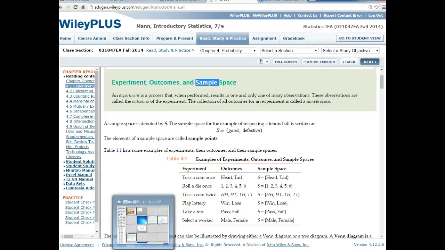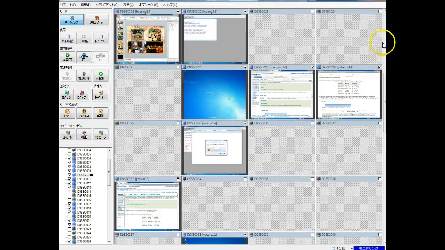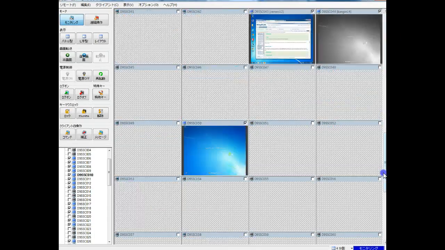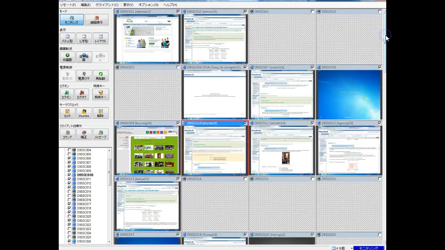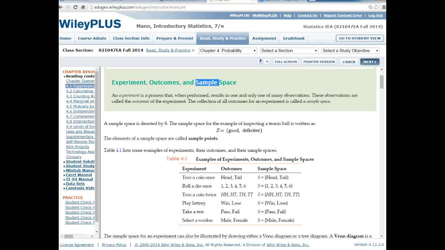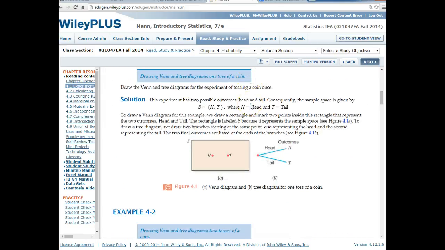The collection of all outcomes of an experiment is called what? Sample space, right?